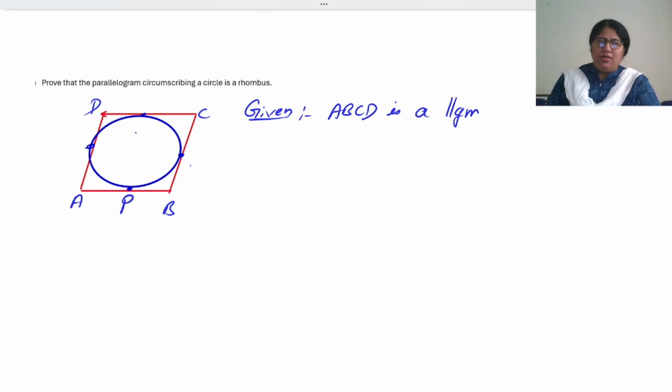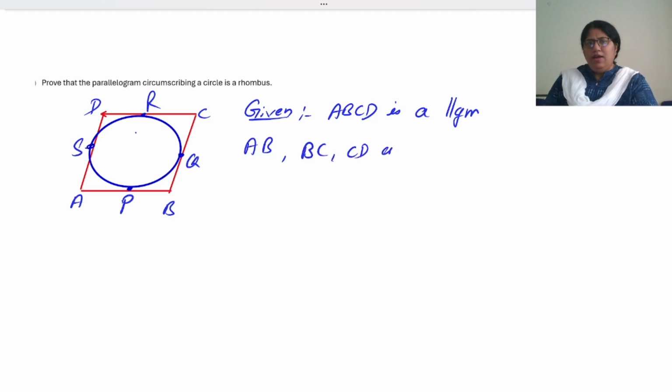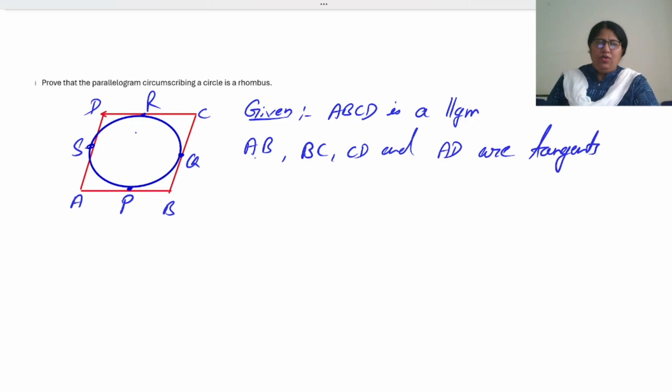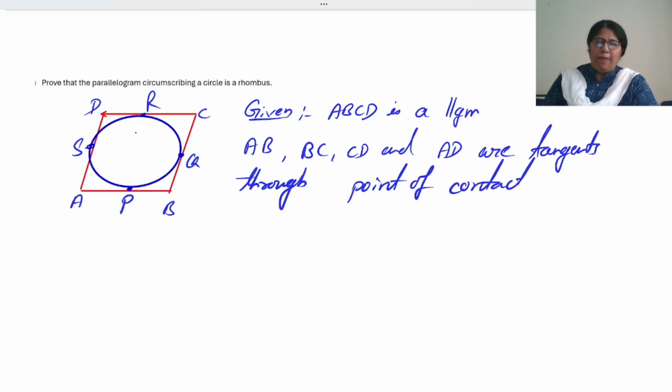The tangents, the points of contact are going to be P, Q, R, S. So here I can write down AB, BC, CD and AD are tangents through the points of contact P, Q, R and S, right?